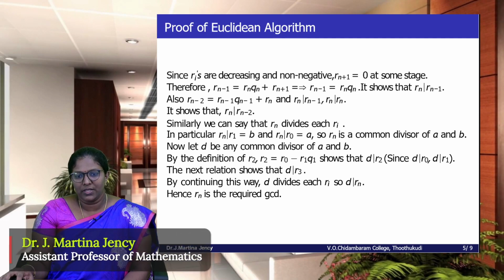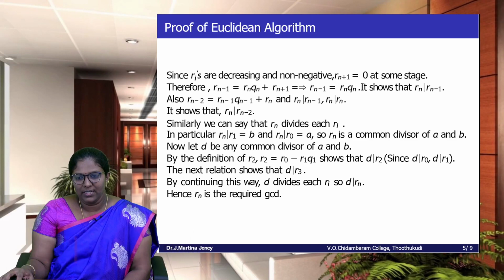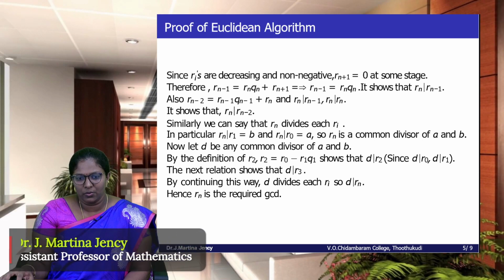Now to prove that rn is the greatest common divisor, let us choose any other common divisor of a and b. Let it be d. By the definition, r2 equals r0 minus r1 q1, which shows that d divides r2. The reason is that d divides r0 and d divides r1, since d is a common divisor of a and b. So it divides r2 also.